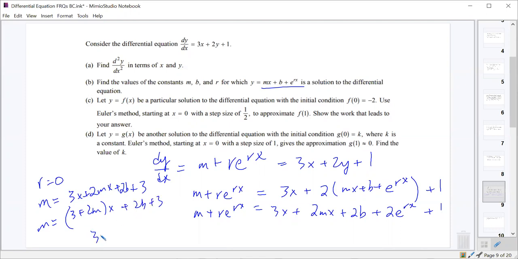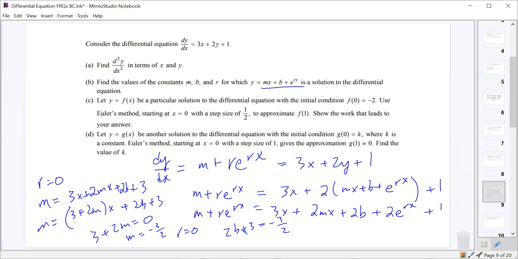And that should tell us that 3 plus 2m equals 0, since there are 0 x's on the left side and 3 plus 2m x's on the right. And so that would give us m equals -3/2. And if m is -3/2, r is 0, as we said. And then our b value, 2b plus 3, needs to equal m. So 2b plus 3 needs to equal -3/2.